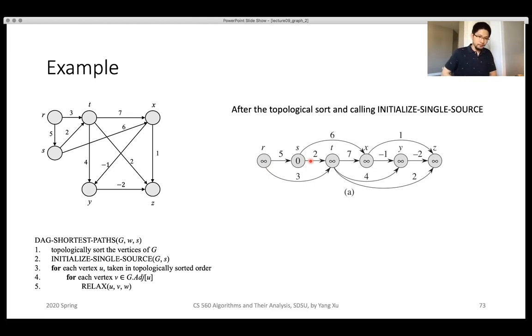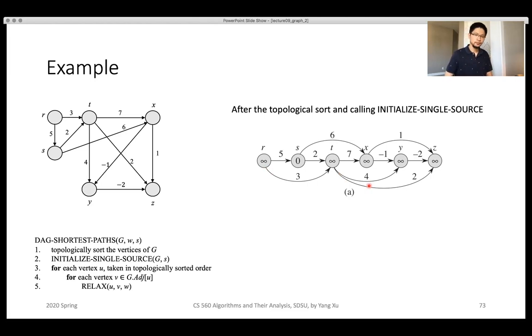Also, after line 2, the initialize single source procedure is run, so all the vertices other than the source are initialized with infinity as their D attributes, and the pi attributes are initialized as well.